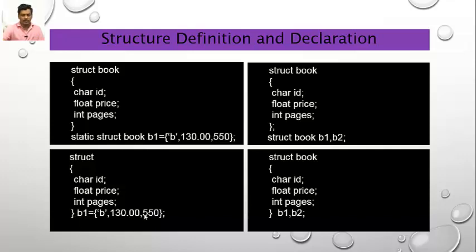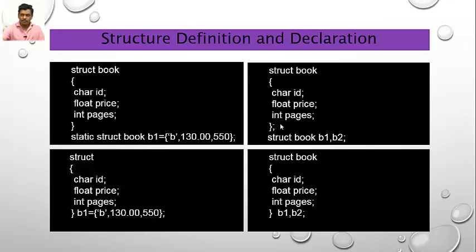B1 equal to {'B', 130, 550}. So both are equal. At the time of declaration and initialization, within the semicolon, that is before the semicolon, we have no need for the name of the structure. Just directly we declare and initialize it.